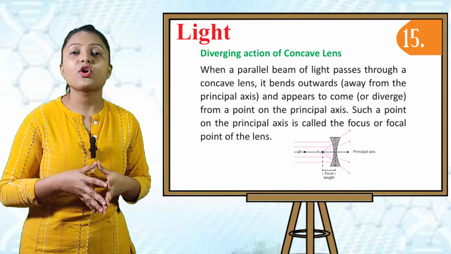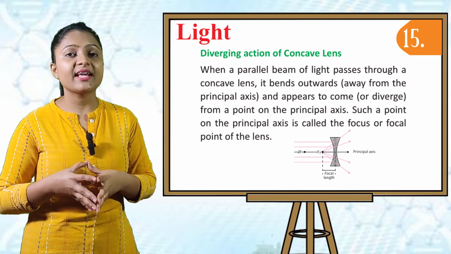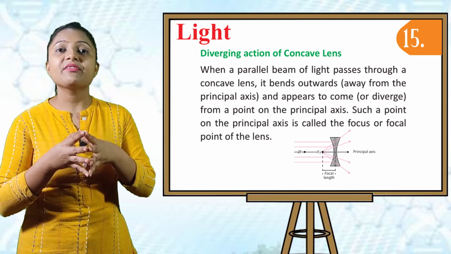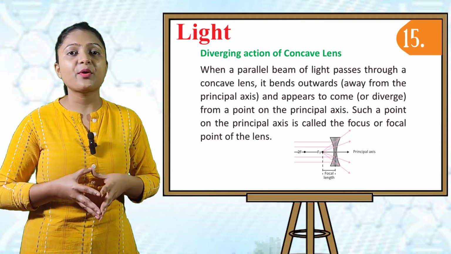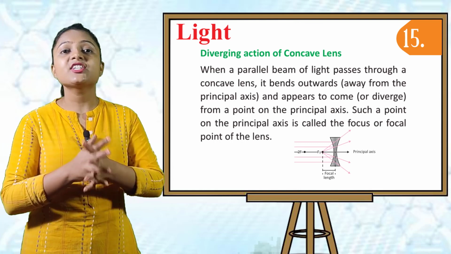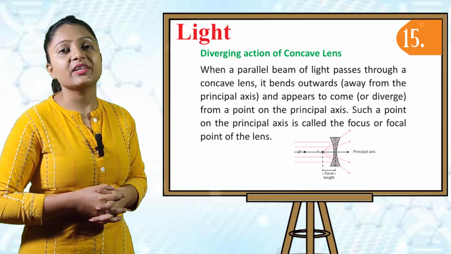Diverging action of a concave lens. When a parallel beam of light passes through a concave lens, it bends outwards away from the principal axis and appears to come or diverge from a point on the principal axis. Such a point on the principal axis is called the focus or focal point of the lens.